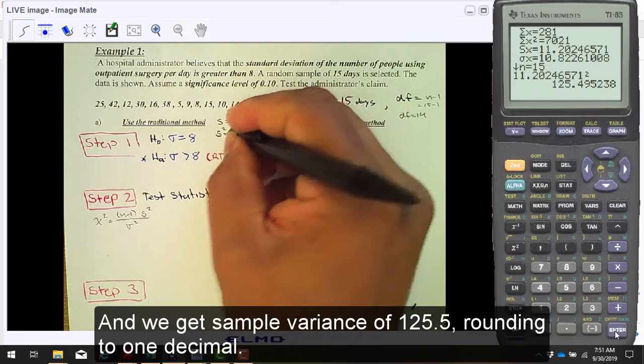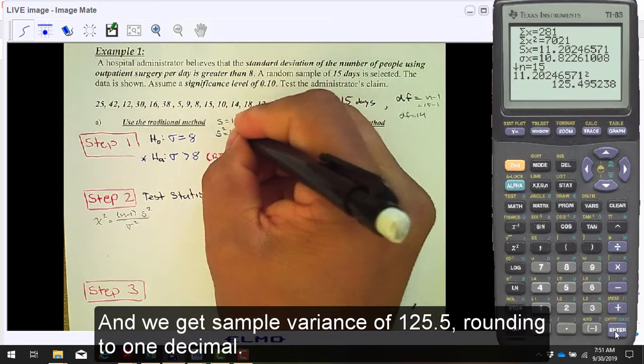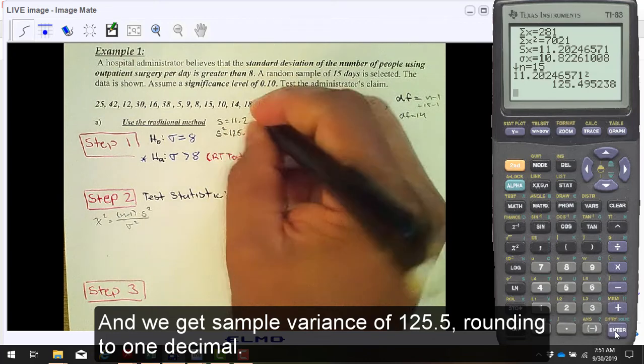And we get sample variance of 125.5, rounding to 1 decimal.